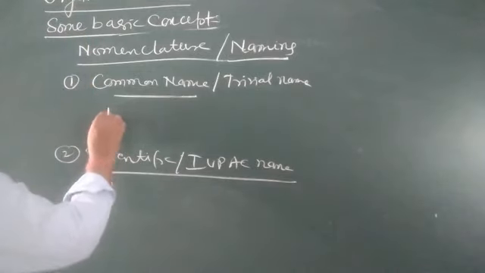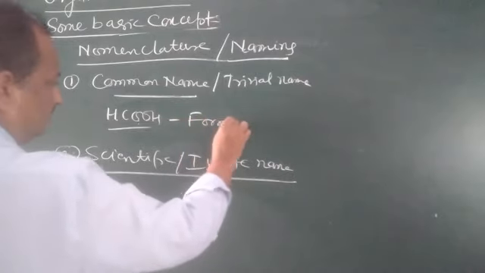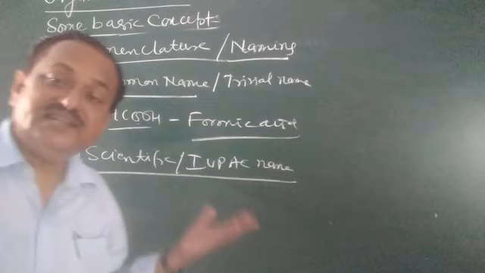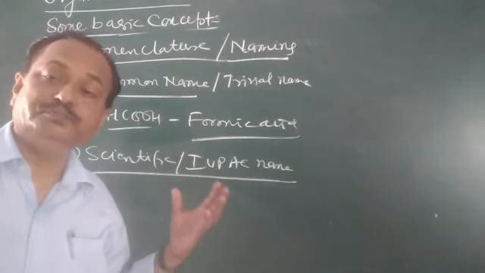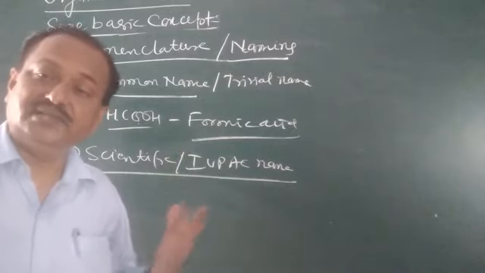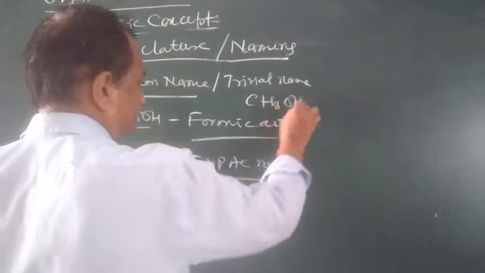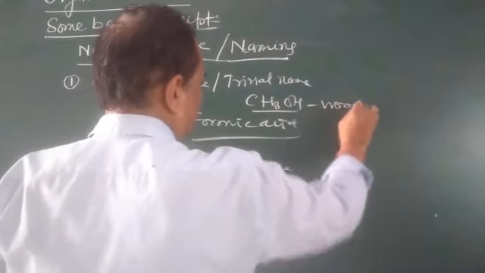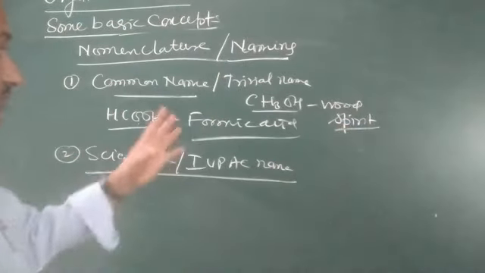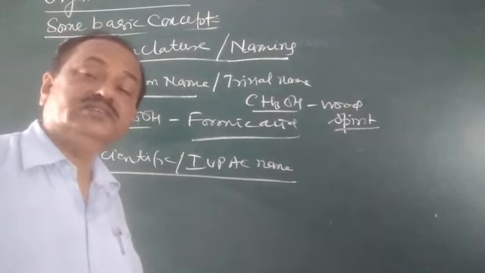Like HCOOH, it is called as formic acid because in ancient times, Greek persons used to extract formic acid for medicinal purposes from ants. Similarly, here this CH3OH, it is called as wood spirit. It is found in a small amount in wet wood. So this is about the basic introduction of the organic chemistry.